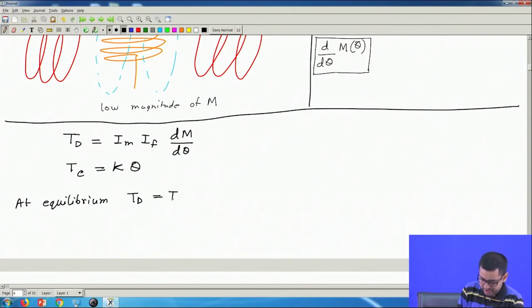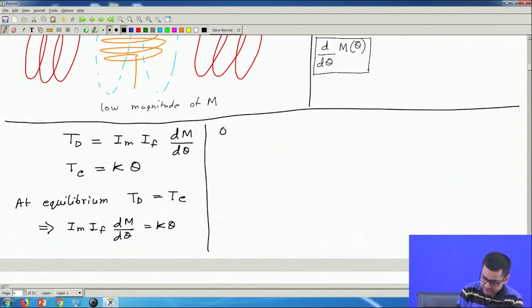Td will be equal to Tc, which means Im If dM d theta will be same as k theta, which means theta is equal to Im If dM d theta divided by k.